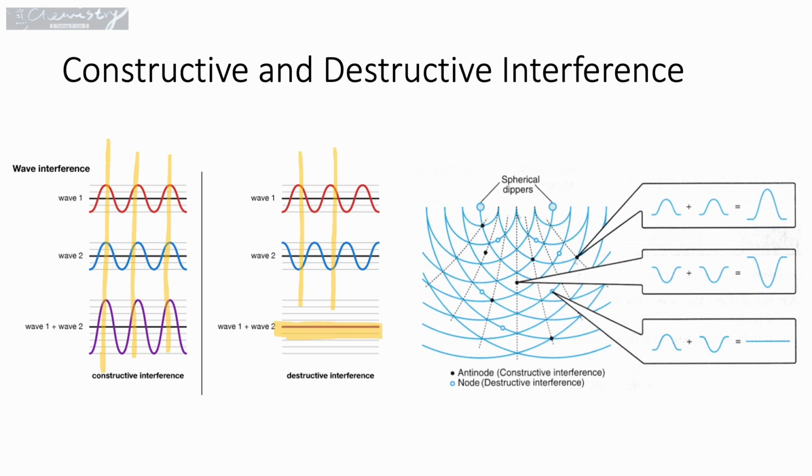And we can imagine that if we have 2 sound waves, so remember that we can also express the sound wave in spherical form. And then the lines are the wavefronts. So the lines are the points when it is high. So this is the first wave, and then this is the second wave.